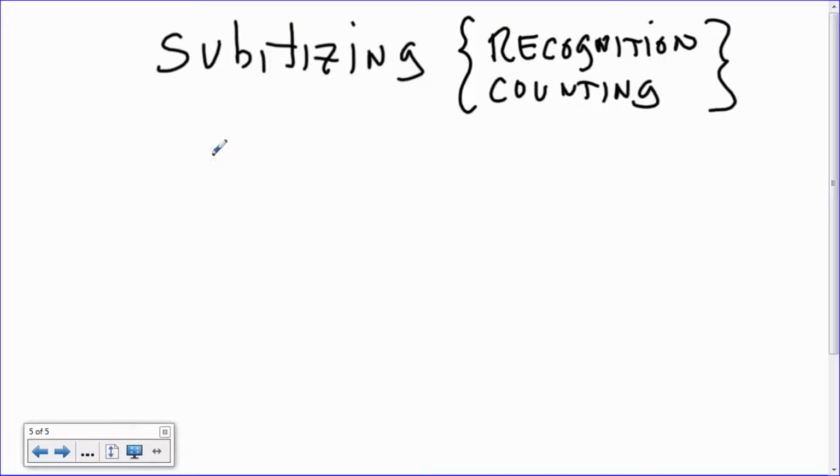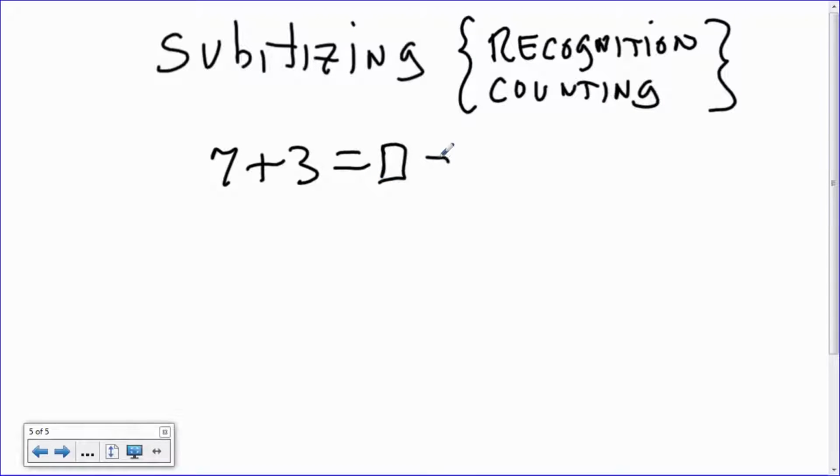So subitizing is a fancy educational term that means when I look at it, I already know what the result is. I already know what the size of the target set is going to be. And so recognition counting is really the kind of way we would explain it. But it means things like with combination pairs, when we see 7 plus 3, we know what the answer to that is without doing any kind of figuring out in our head or getting out a pencil and paper and doing some scribbling.